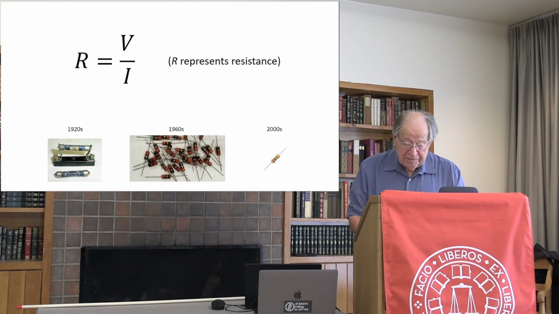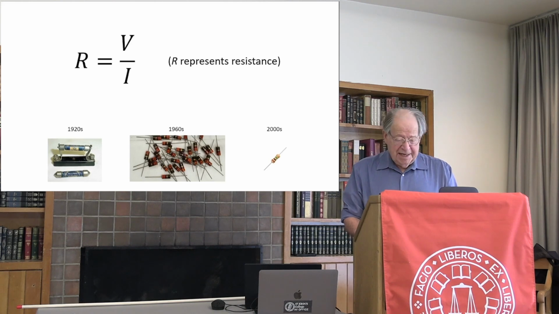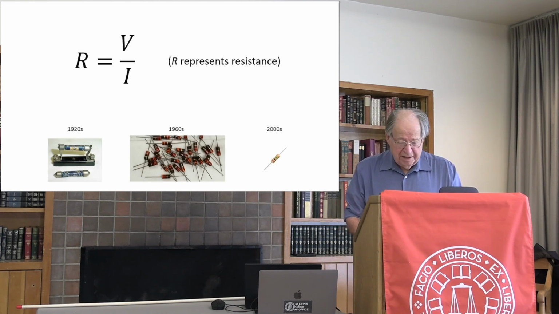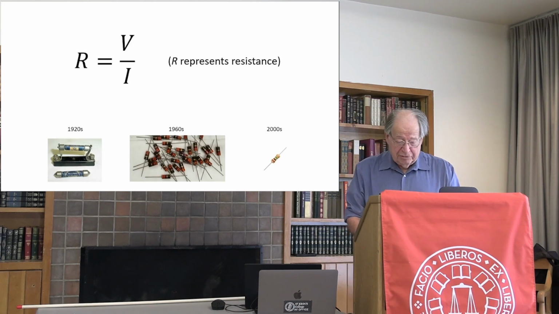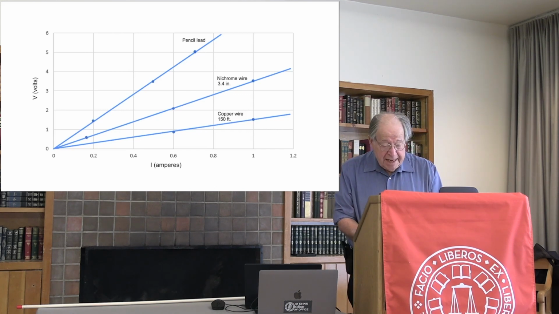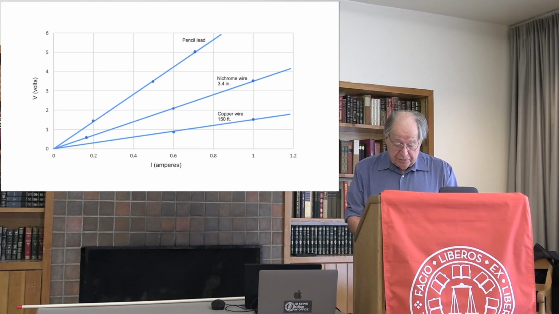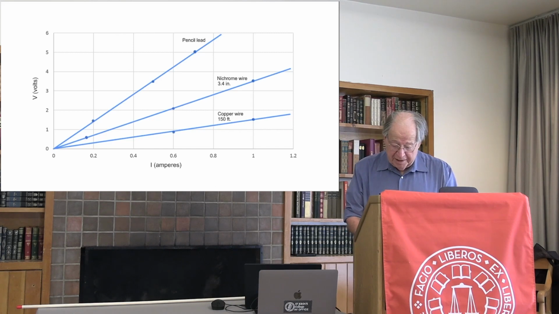Most purposes, however, do call for good conductors, and among the best of these is copper. Copper is such a good conductor that 150 feet of number 20 copper wire has less resistance than 3 inches of our nichrome wire. Here is the graph. Once again, we have a straight line showing that copper wire, too, exhibits the proportionality that constitutes Ohm's law.